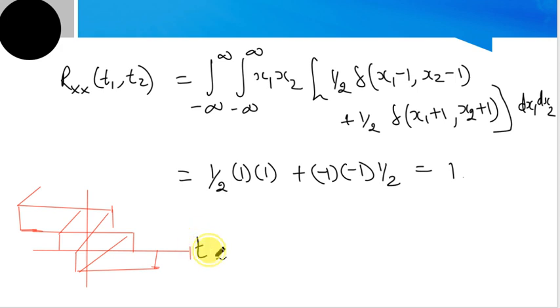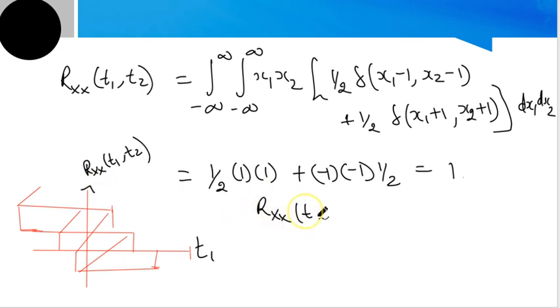So this would be my t1, and on top this vertical axis would be my Rxx of t1 comma t2. Okay, so this is a two dimensional snake of block function.